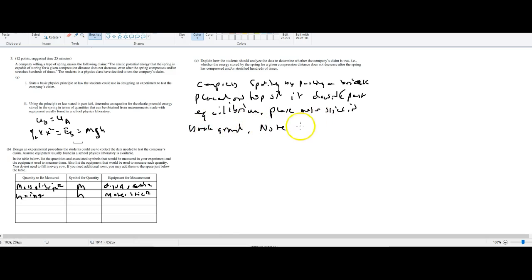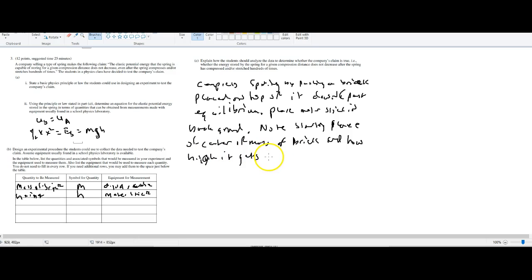Note the starting place of the center of mass of the brick and how high it gets.